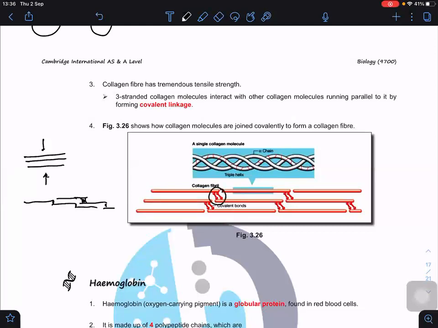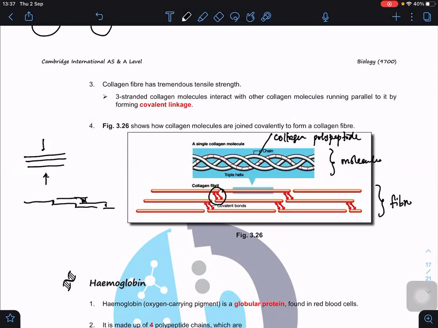By covalent bonds for collagen molecules. So this one is called collagen fiber. This one is called collagen molecule. And this one is the collagen polypeptide.